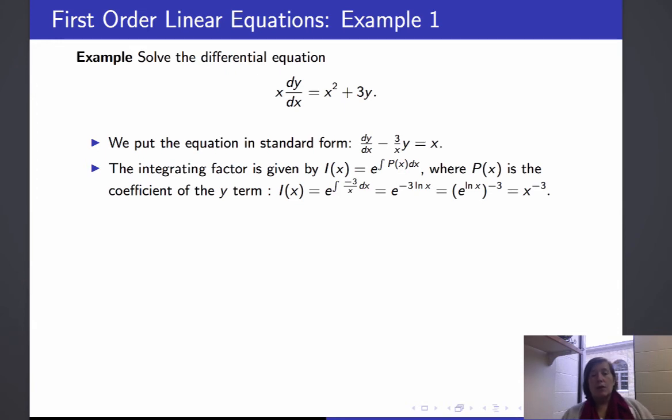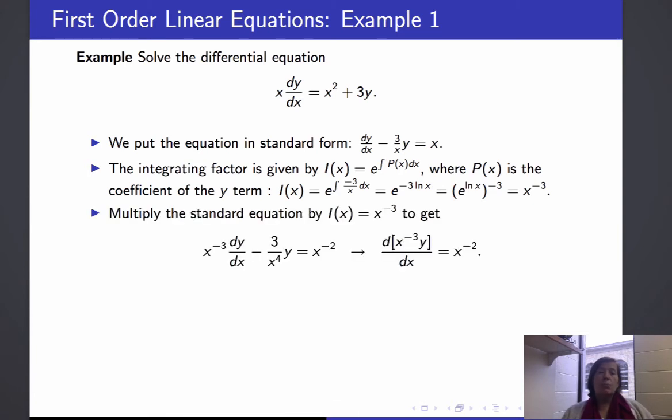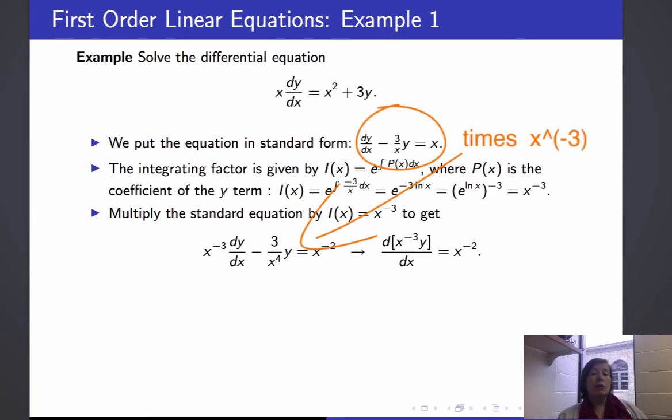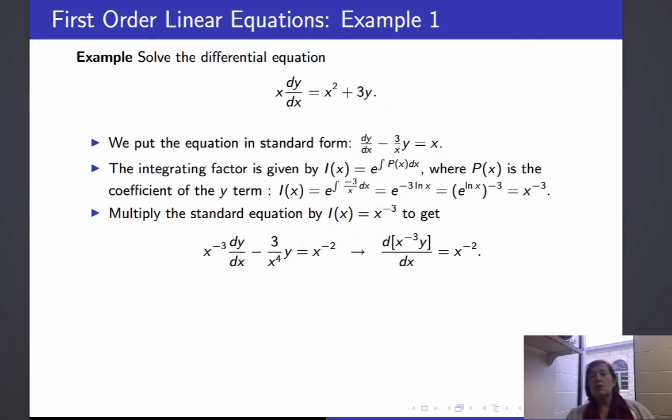Now, once we've calculated this integrating factor, the next step is to multiply our standard equation by the integrating factor. So multiplying across by x to the minus 3, we get x to the minus 3 dy/dx minus 3 over x to the 4 times y equals x to the minus 2.